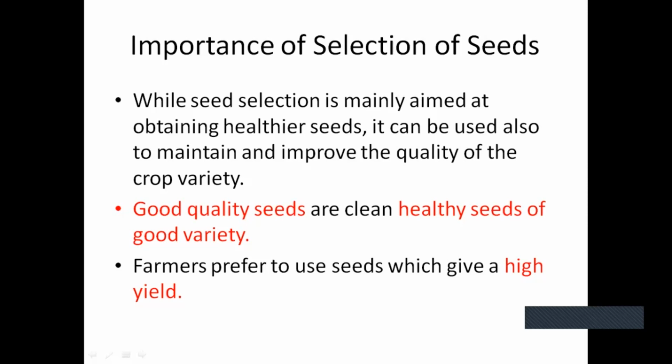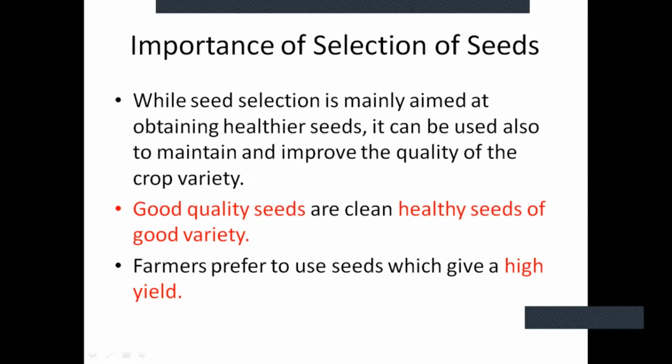If he sows damaged seeds, what is going to happen? They are not going to grow, and if they don't grow, the farmer is not going to get a proper yield. Am I right? So selection of proper healthy seeds or good quality seeds is very, very important if the farmer wants a high yield, right?